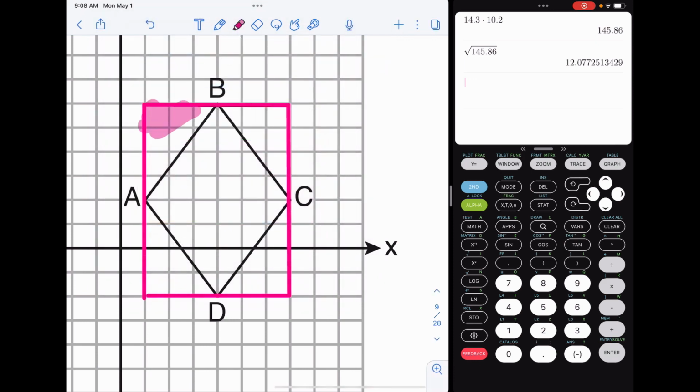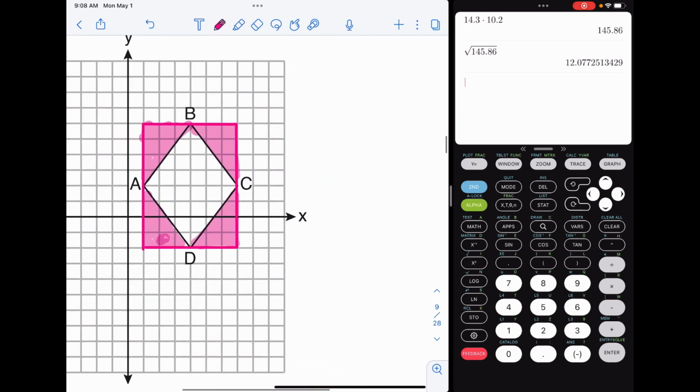I'm going to find the area of the box. I'm going to find the area of these surrounding triangles that I'm highlighting in pink here. And I'm going to subtract them. So the area of the box, this is 6 going across, going up it's 8. So the area of the rectangle is 6 times 8, or 48.